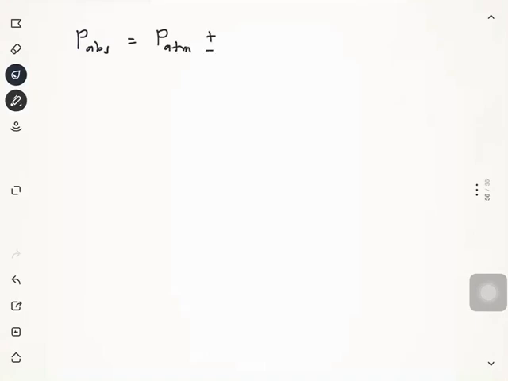If atmospheric pressure is 95.7 kilopascal and the manometer attached to the tank reads 188 millimeters of mercury vacuum, meaning this is negative, find the absolute pressure within the tank, given the specific gravity of mercury is 13.6.